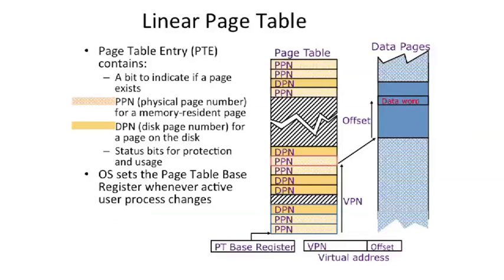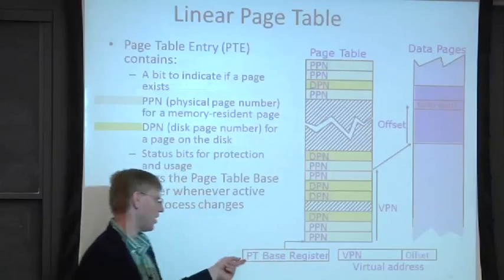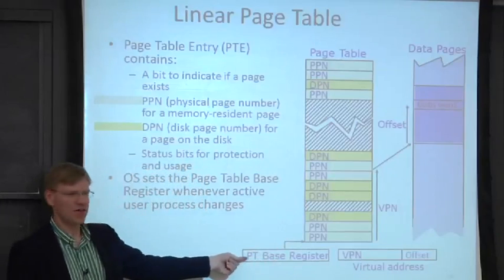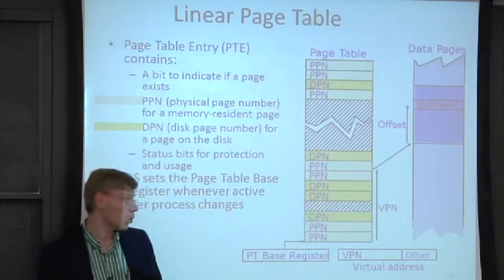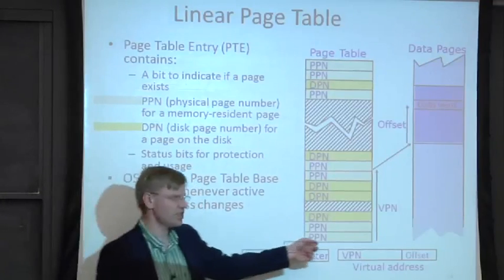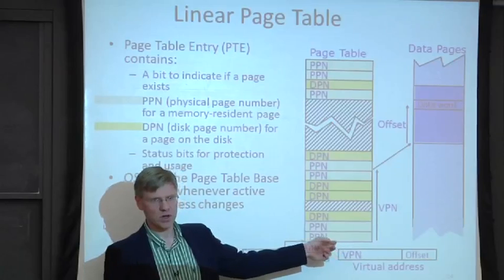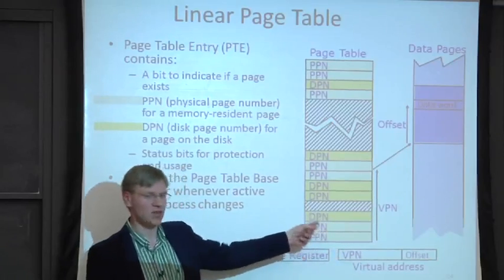So I just wanted to recap and show the mechanics of what's in our page table. In our page table, first of all, instead of having a base and bound register, like we had in the base and bound architectures, we're going to have a base that points to the base of the page table.